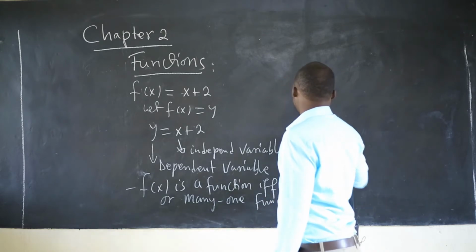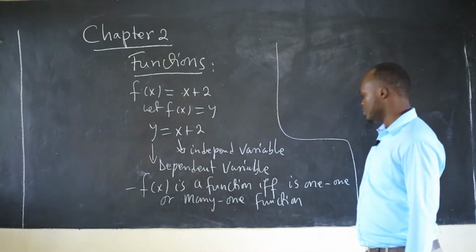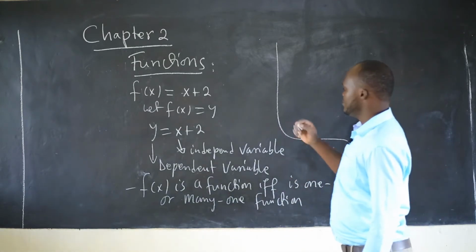So we call it a function when it is one-to-one or many to one. For example, let me take an example.